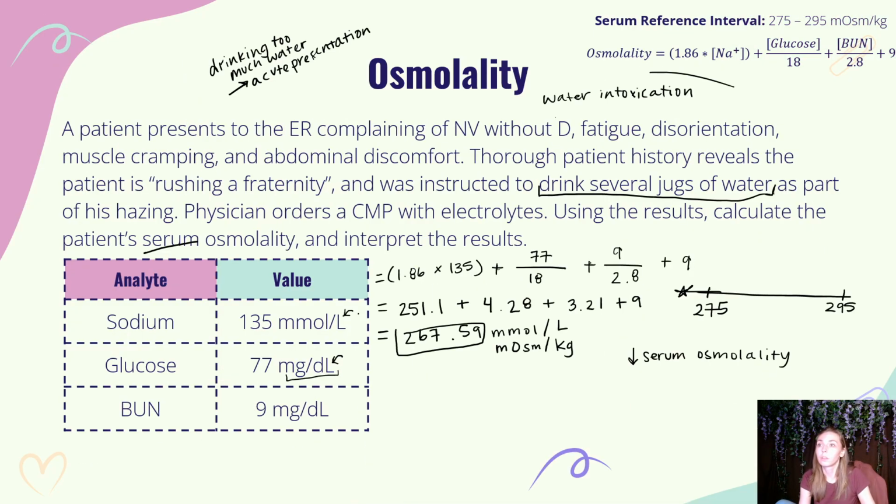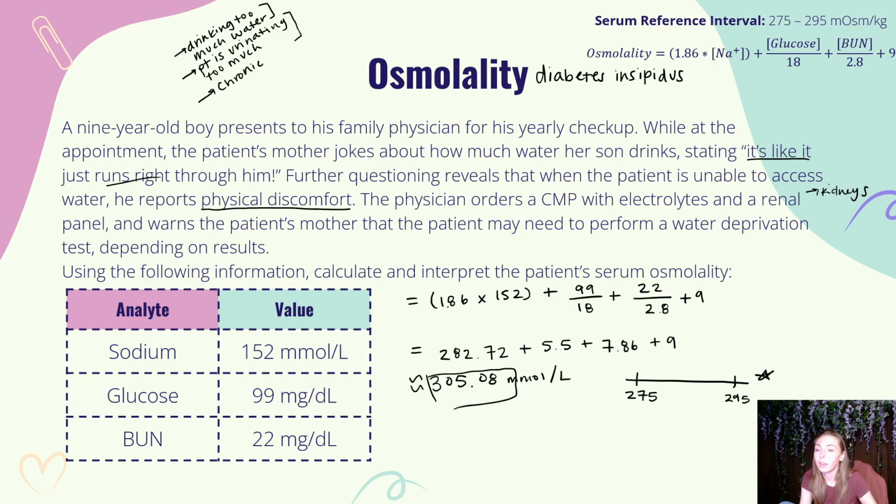So if decreased osmolality, I'm going to go back to this other one for a second, equals too much water or not enough stuff, then an increased osmolality equals too much stuff or not enough water.